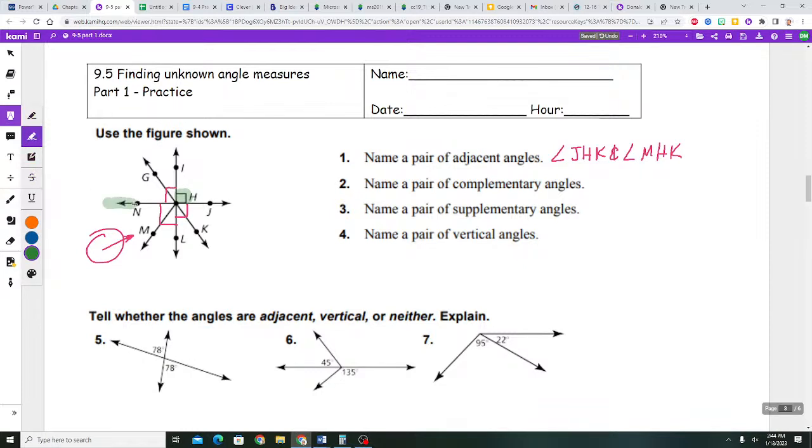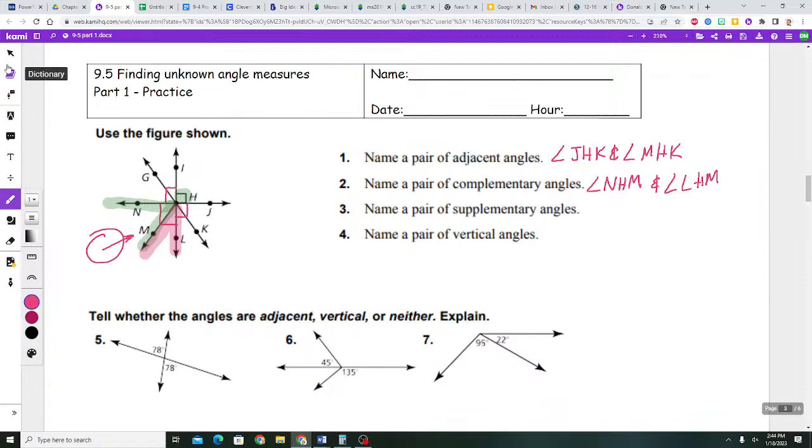We've got NHM and, let me pick a more obnoxious color, there we go, we've got LHM, so we'll write them down. NHM and LHM.